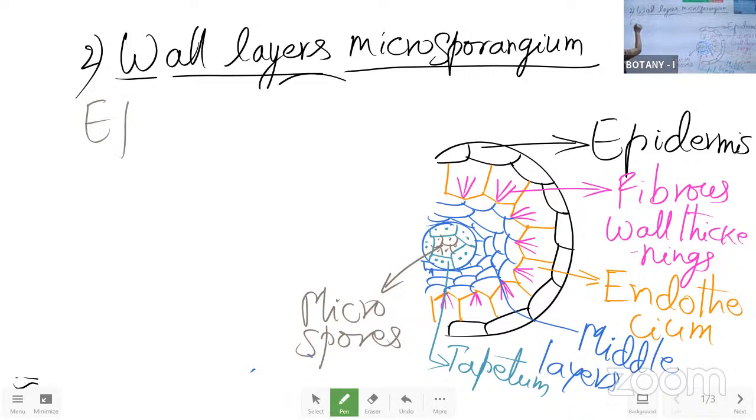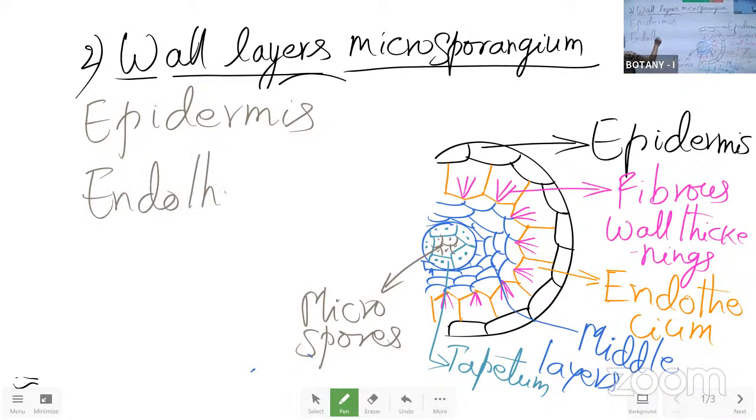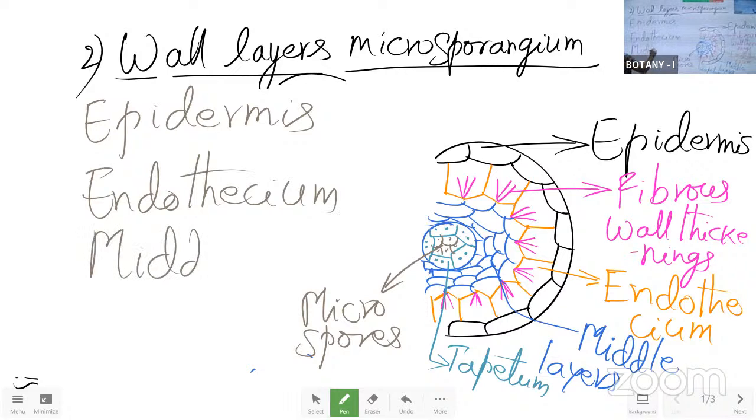The first one is the epidermis. The second one is the endothecium. The third one is the middle layers. And the fourth one is the tapetum.